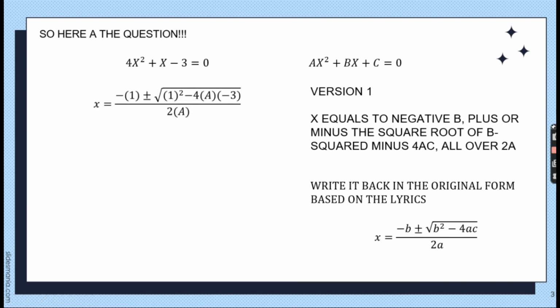Please remember to substitute inside the formula with brackets, and solve the part under the root first, then continue with the rest. Then simplify it, and it becomes x equals negative 1 plus or minus 7 over 8. At the end of the solution, you will get two answers because it will have two roots, negative and positive. So we get x equals 3 over 4 and x equals negative 1. And we are done.